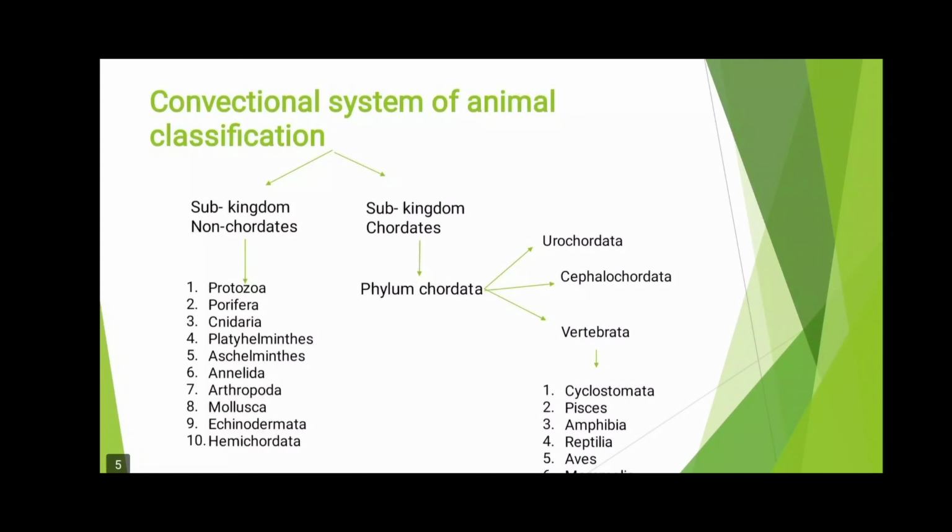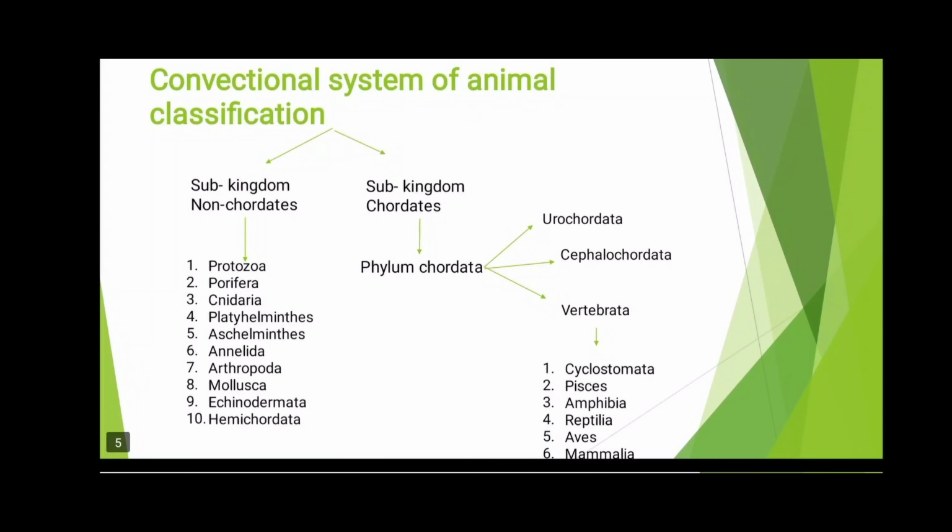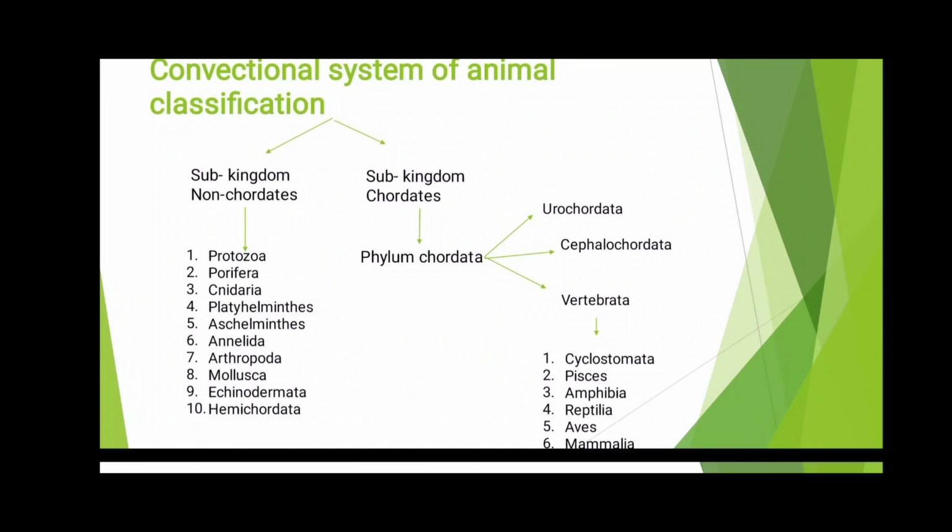Now our next phylum is Aschelminthes. The body of these animals is long, thread-like or cylindrical, hence they are called roundworms. These animals are either free-living or endoparasites.